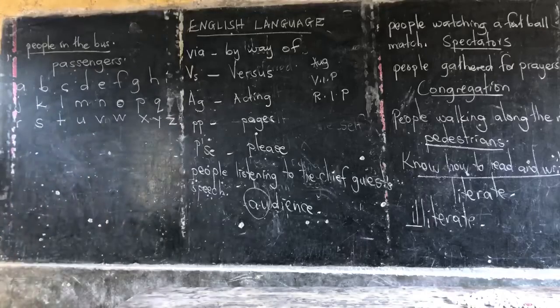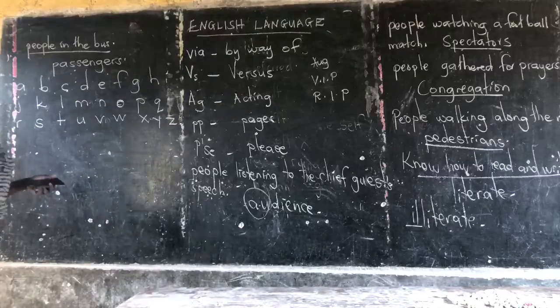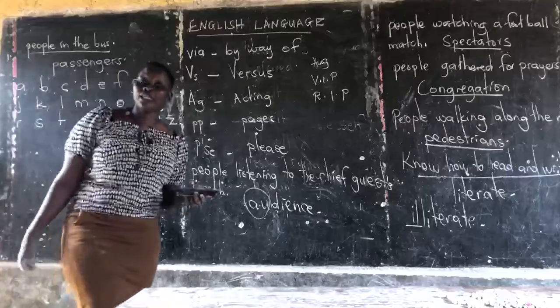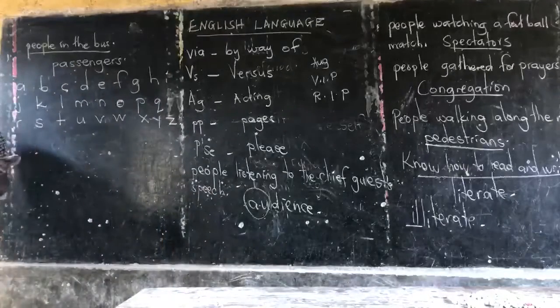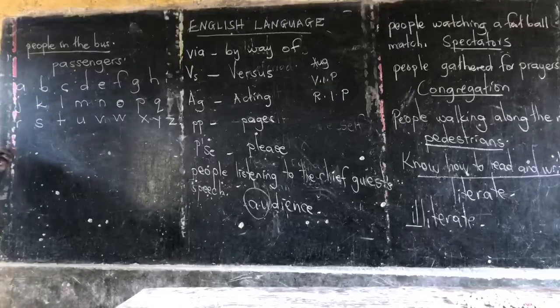That is the alphabetical order. So once they tell you to arrange in alphabetical order, they want you to follow these letters. They have given you words that have those letters.